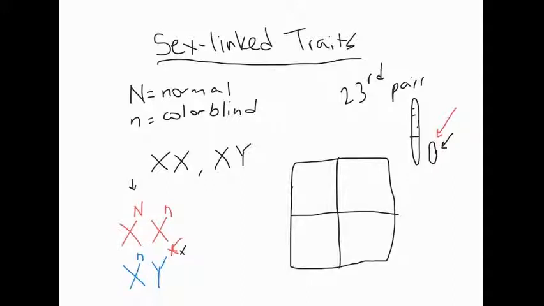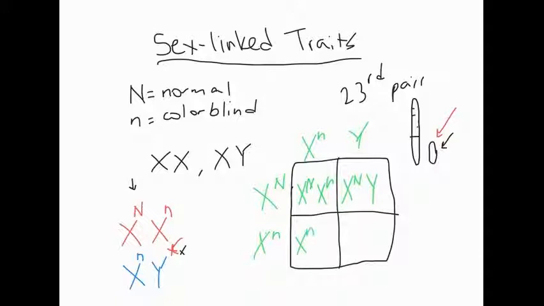So I'll go ahead and put their alleles over here. X big N, X little n, and the guy is X little n, Y. Fill in the box. X big N, X little n: normal female, but she is a carrier. X big N, Y: totally normal male.